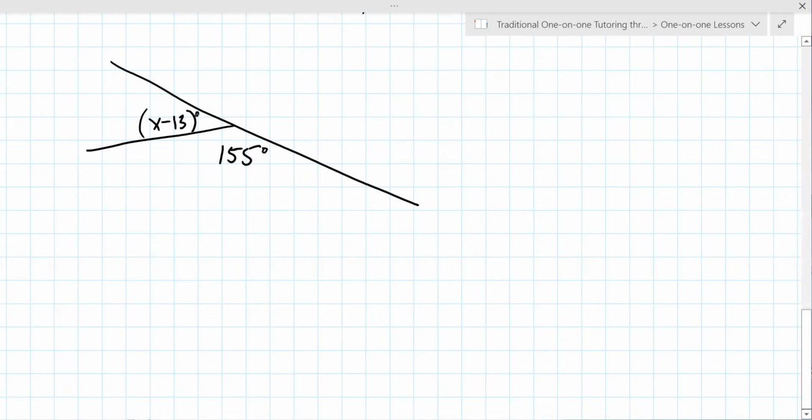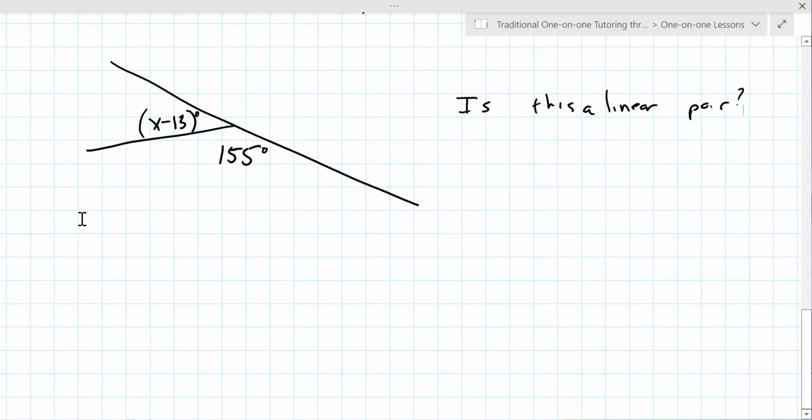Yes, it is. What makes it a linear pair? It's this line right here, there's a break on the line. That's right. So what do the two angles have to add up to?